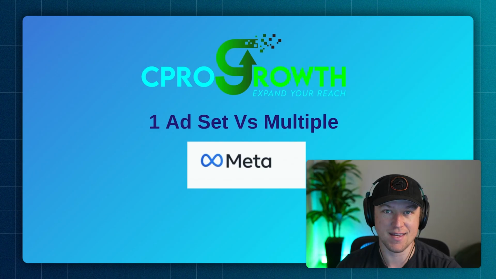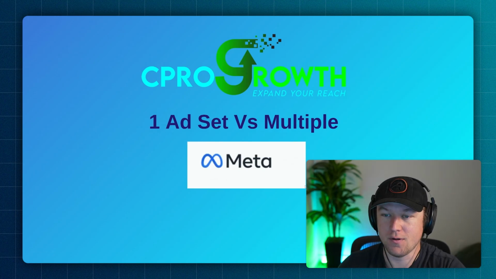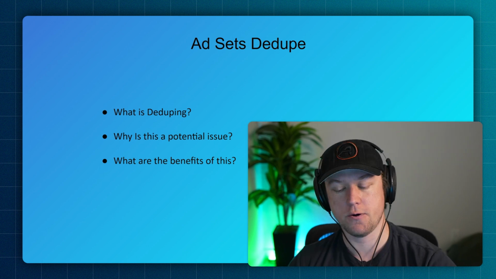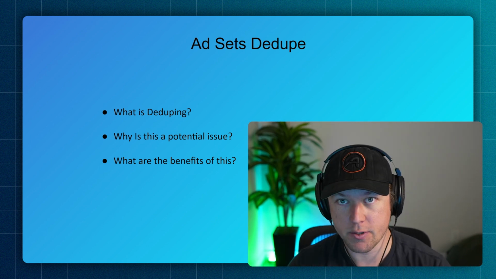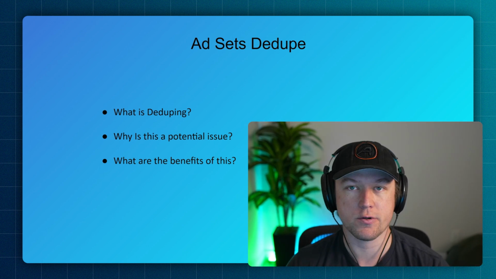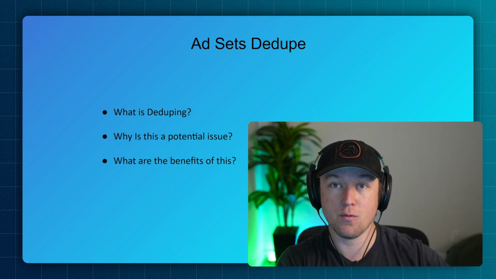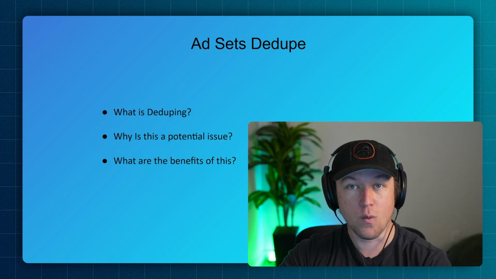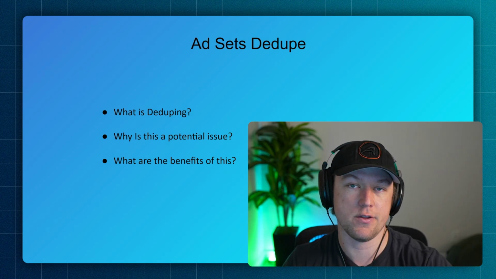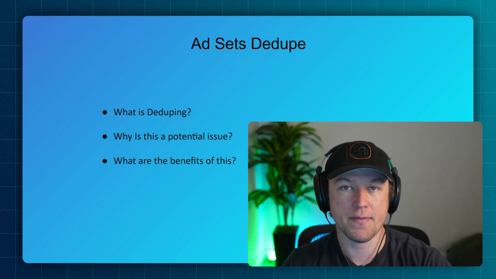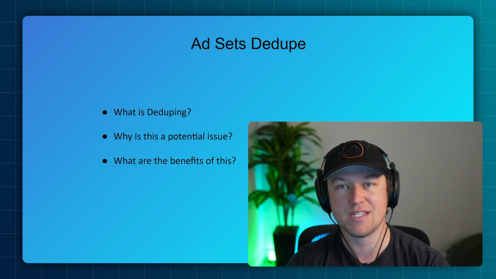So the first thing is one ad set versus multiple on Meta. We're going to go over the basics. So from the Meta disruptors, and if you don't know who they are, the Meta disruptors are the people inside of Meta that are actually working for Meta that help the largest 20 highest spend accounts inside the United States, just give them the information about the algorithm and help them steer in the right direction.